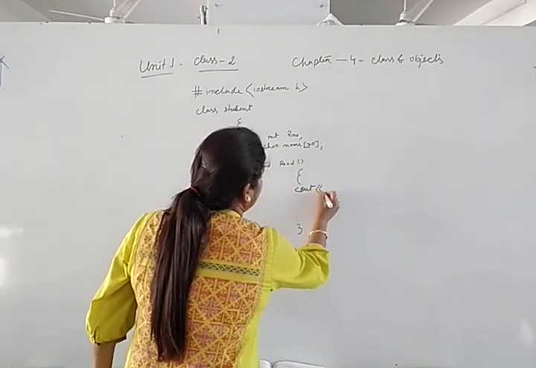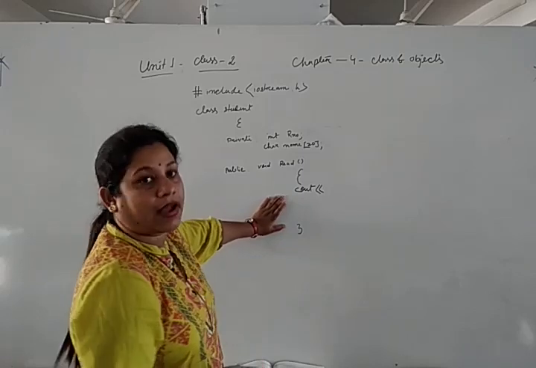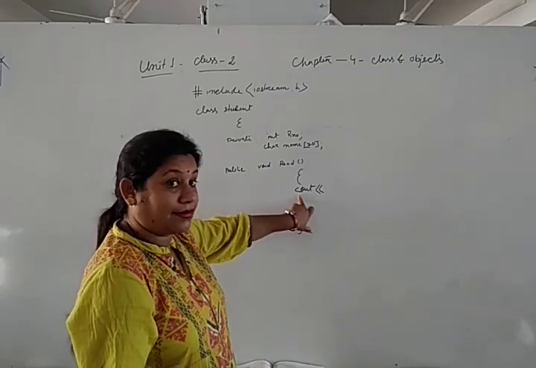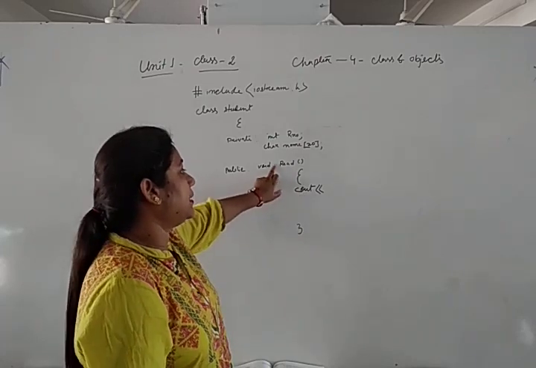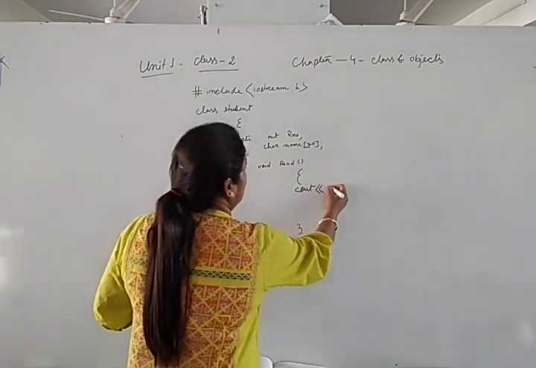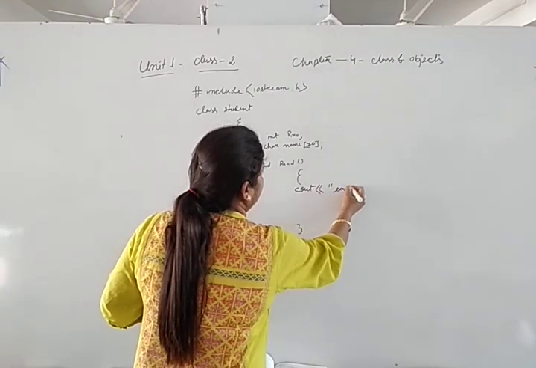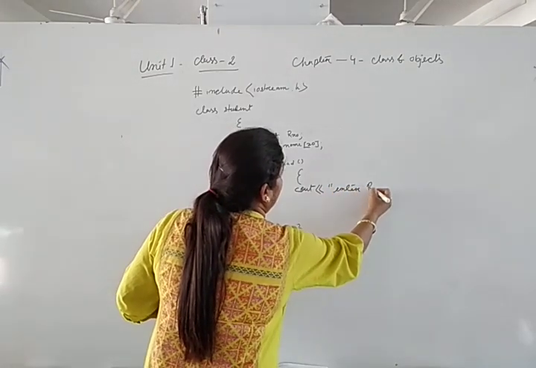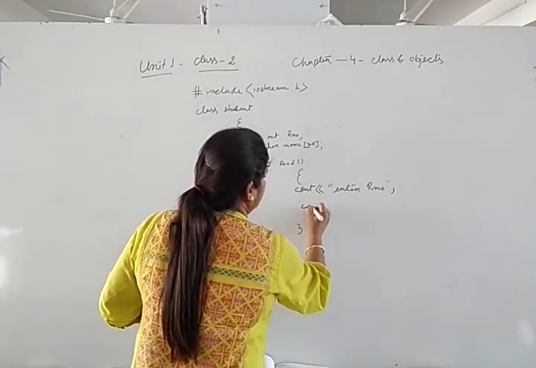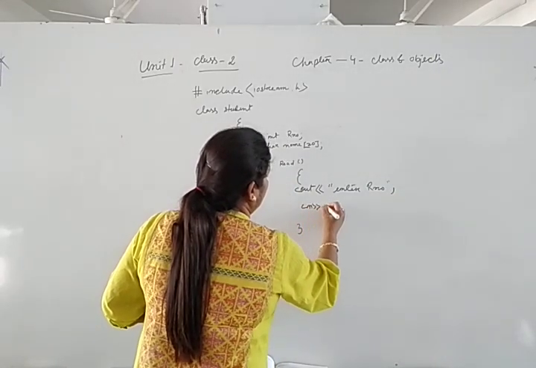Inside the body of a user-defined function you can use the cout function, but you cannot use it directly here. So cout enter roll number, cin roll number.